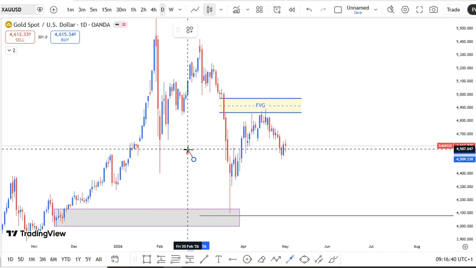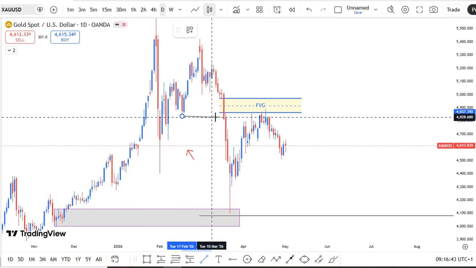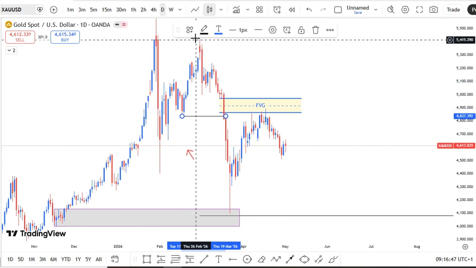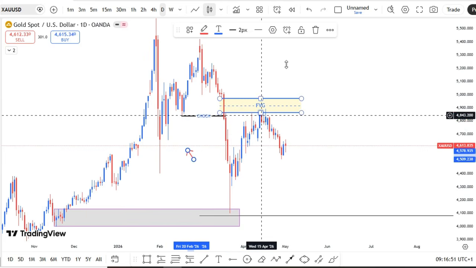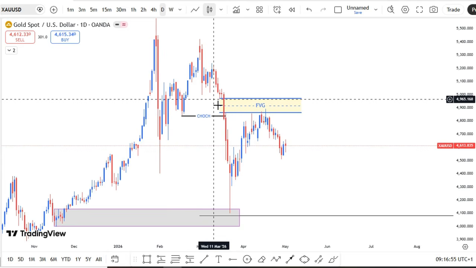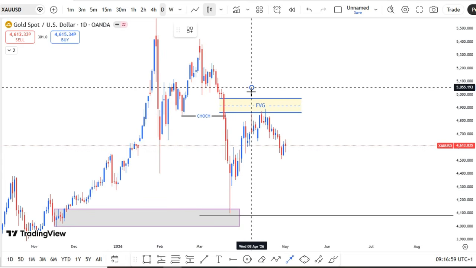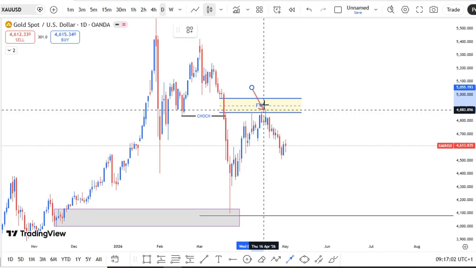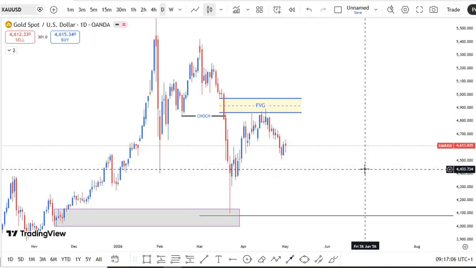Later, we have a change of character at this level. Price violated that zone to give us a breaker block, and price has been respecting it to continue with the bearish move. So possibly the pullback and then the reversal.